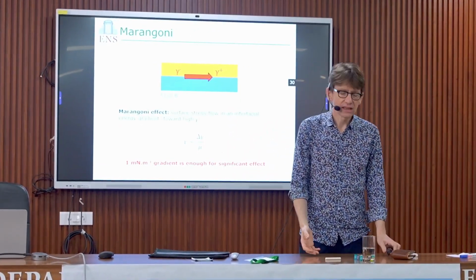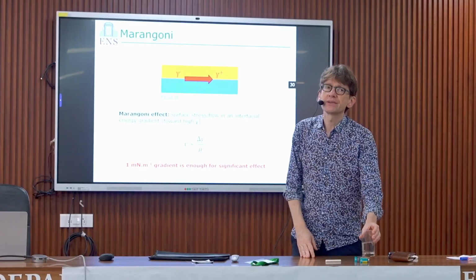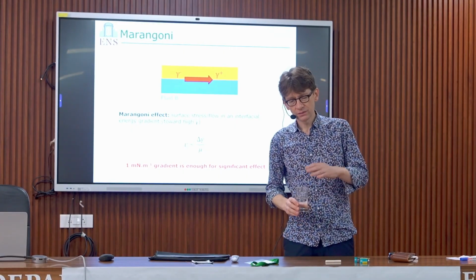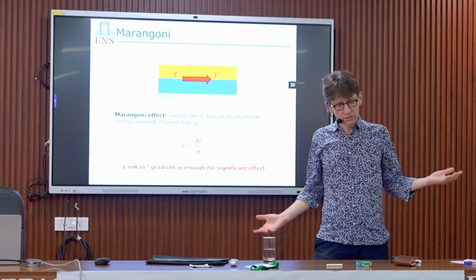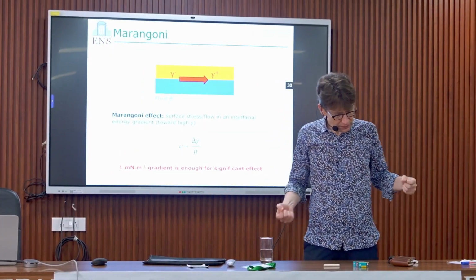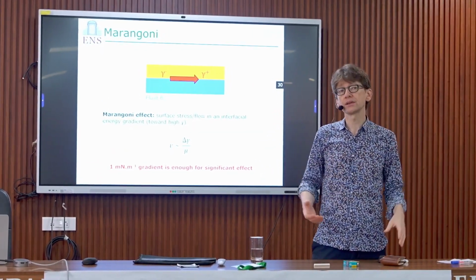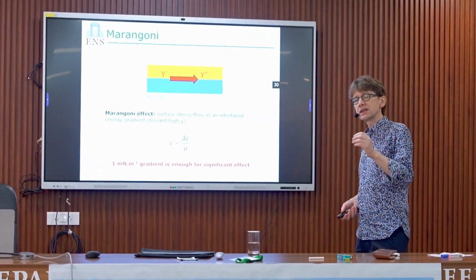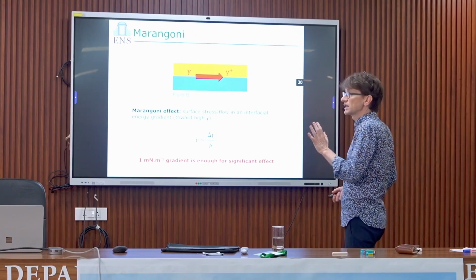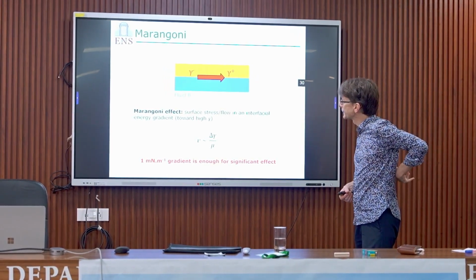So you see that if you look at static effects, it's not so easy to deform an interface. You need to put surfactant and so on. You can write the Laplace equation. You see that you need a pressure to create curvature. But what is very nice with gradients is that you can have very nice dynamic effects at the interface.